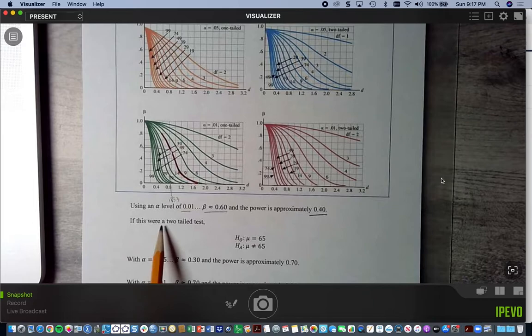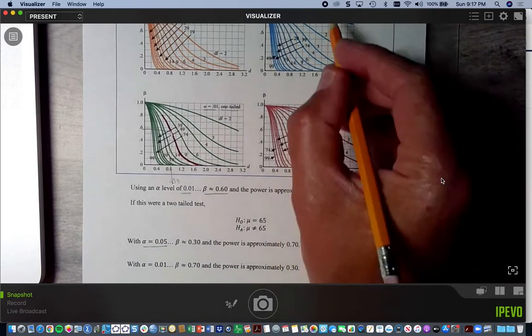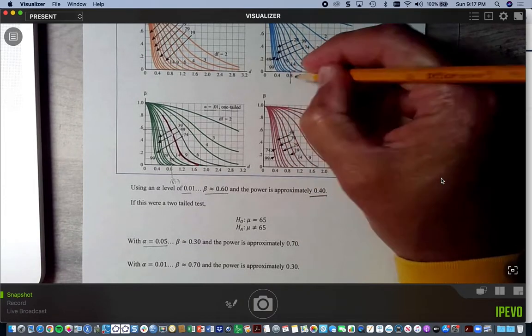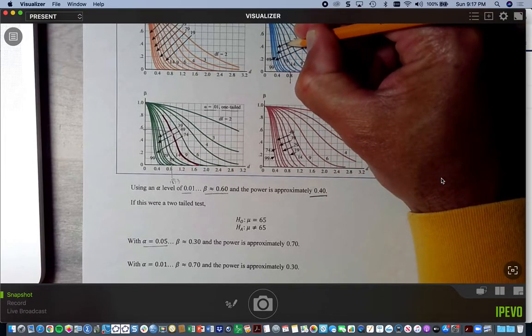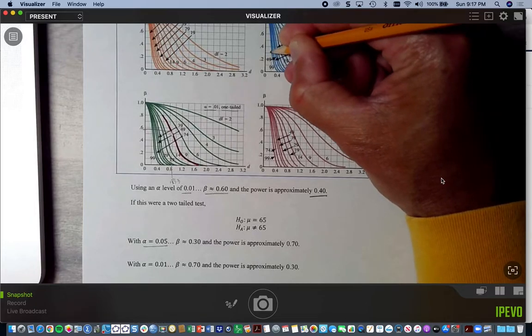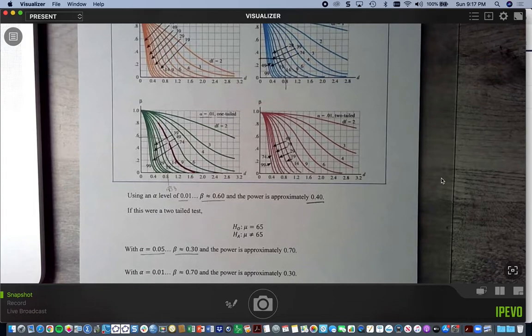Okay, so if this test were two-tailed with an alpha of 0.05, again, we go to about where 0.833 is. 9 degrees of freedom is this one. We go up on the graph, and we find that beta is about 30%, which means the power is 70%.